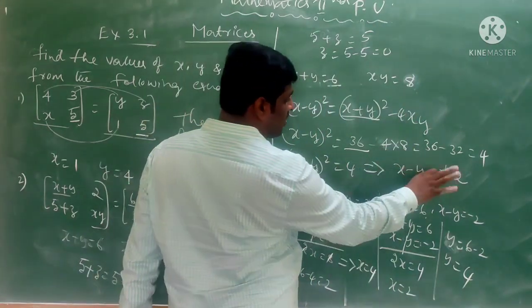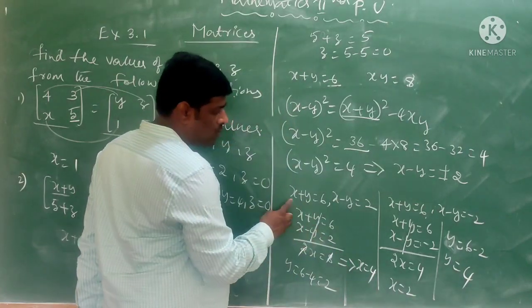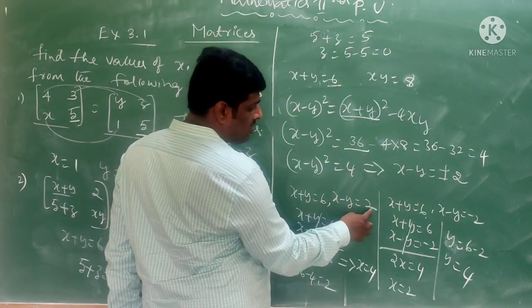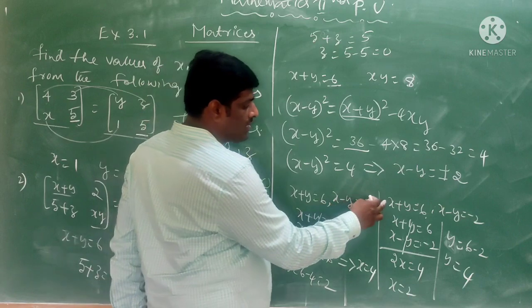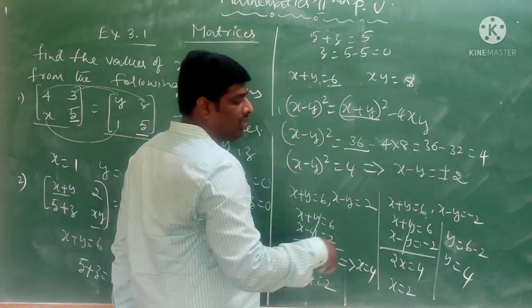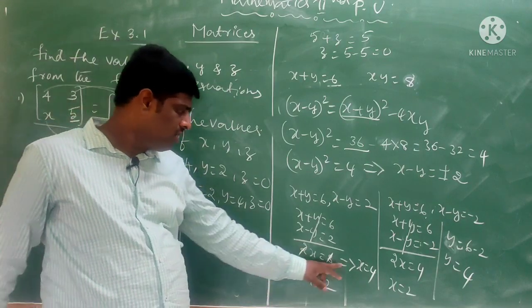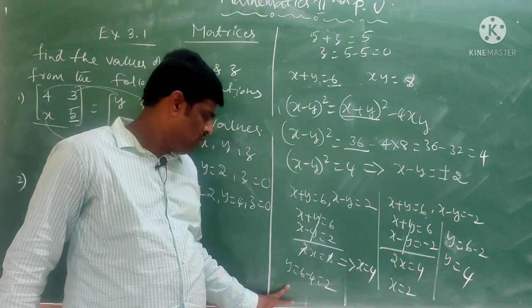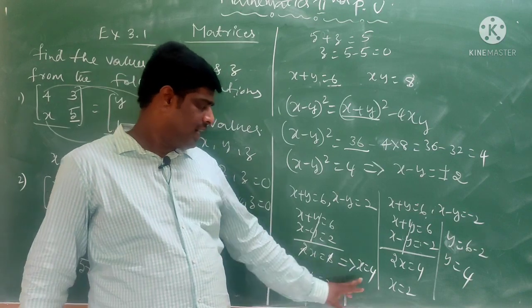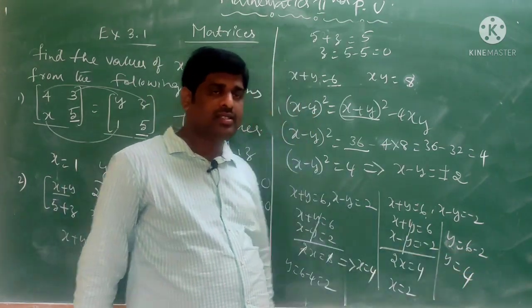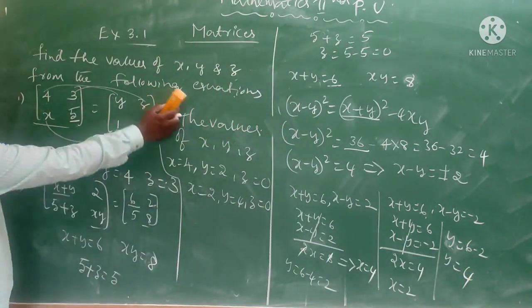So square root of 4 is plus or minus 2. x plus y is equal to 6, x minus y is equal to 2. x plus y is equal to 6, x minus y is equal to minus 2. On solving, we will get x is equal to 4, y is equal to 2. x is equal to 2, y is equal to 4.